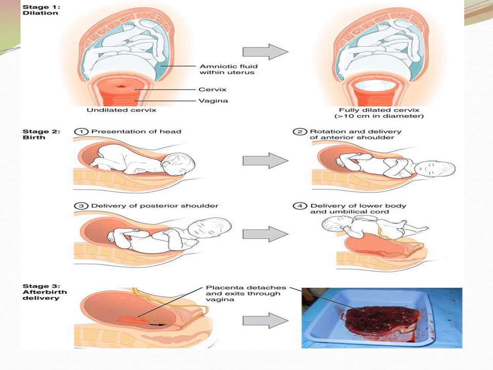In our upcoming lectures, I will tell you about the mechanism of labor, how the fetus undergoes various movements, head movements, body movements, to pass through the bony pelvis. And stage 3 is from the birth of the baby till the delivery of the placenta.